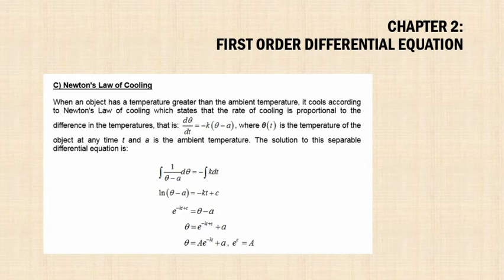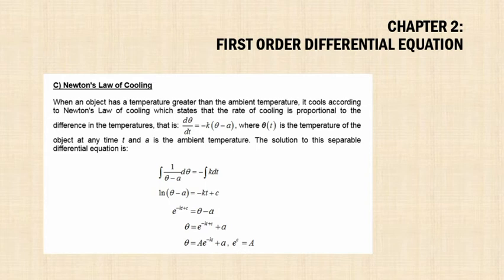The solution to this separable differential equation is: we have the integral of 1 over θ minus A equals the integral of negative k. From the integration, we have ln of θ minus A equals negative kt plus c.